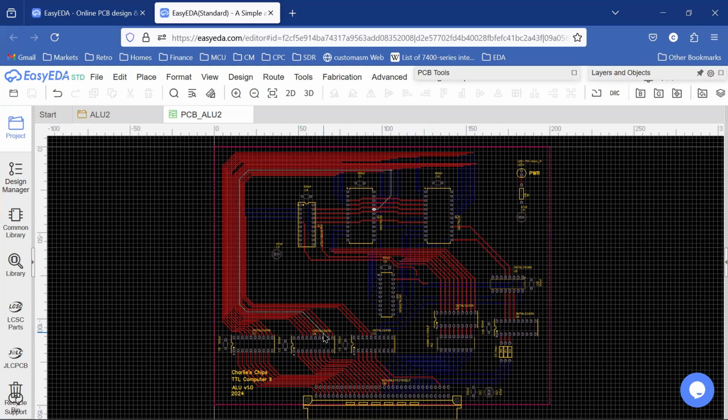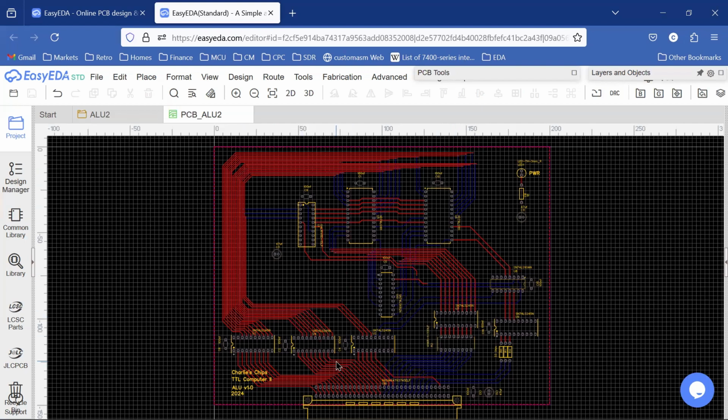So they're coming in from the card edge, wrapping around to the top, and then they'll be pulled down to the ALU chips. And then here is our output data bus on the card coming down to our 74245 bus driver chip through the resistor network.